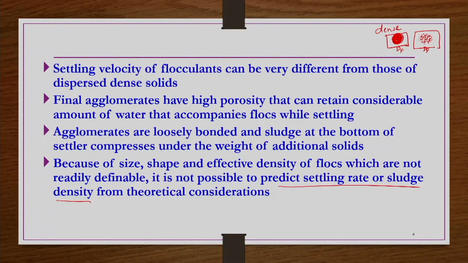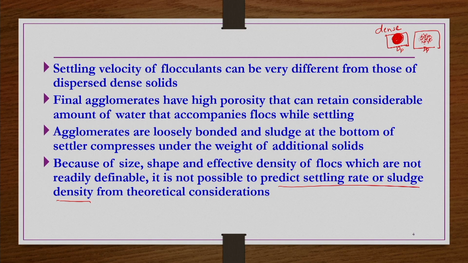If you have a suspension with particles of very small size, in the micron range, theoretical calculation of the settling rate and sludge density is difficult, because the size, shape and effective density of flocs are not readily definable.